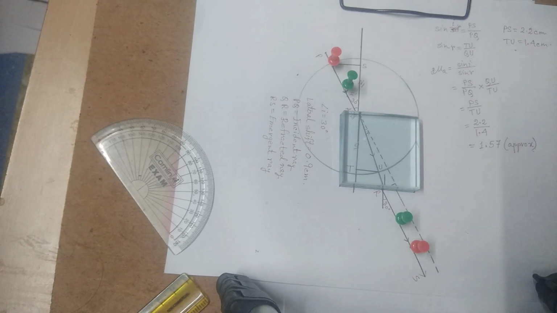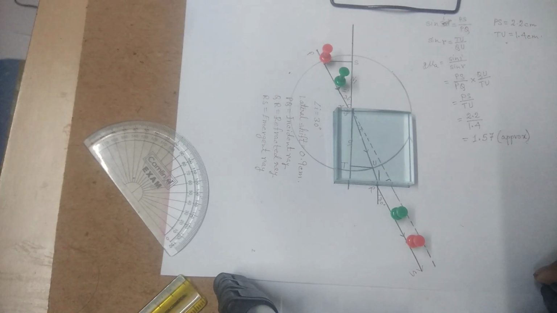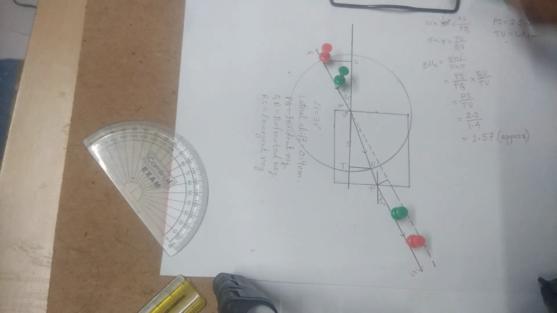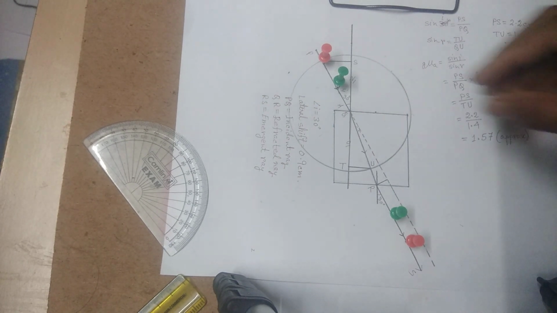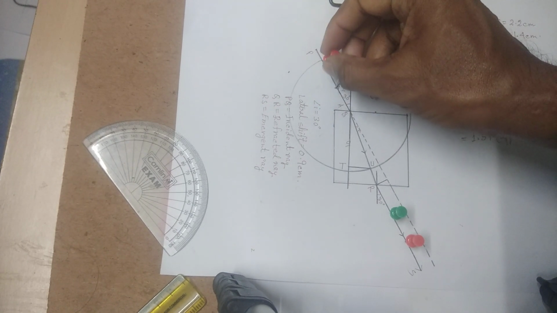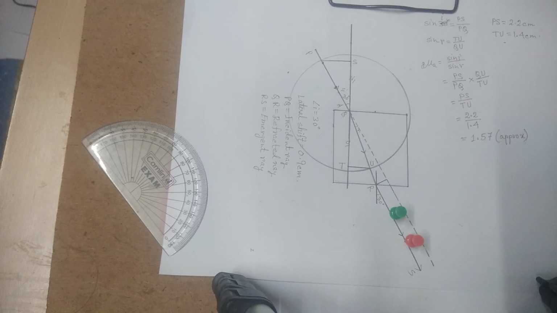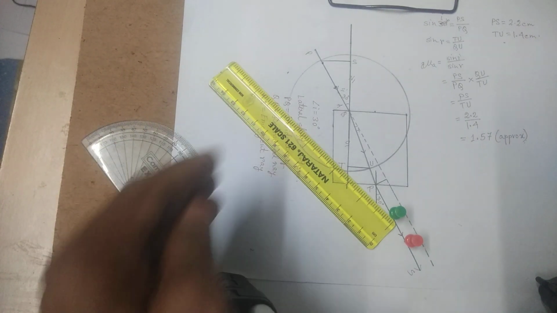Right? Now what have to do? Now take out the pins. Now take out the slab. Right? And with this, take out this pin also. And now with this pin, make a straight line with this pin.